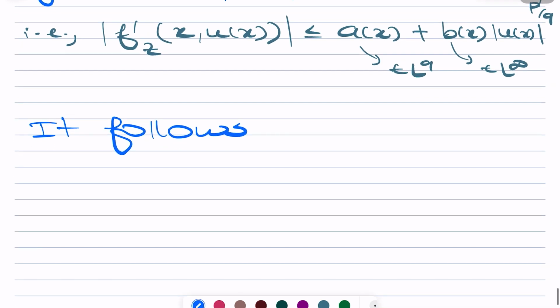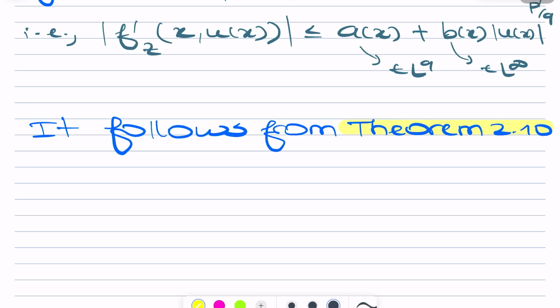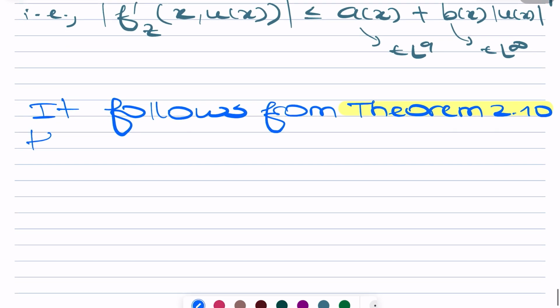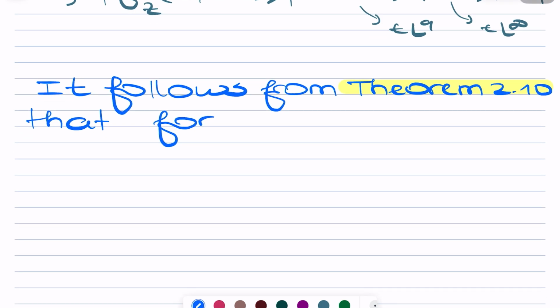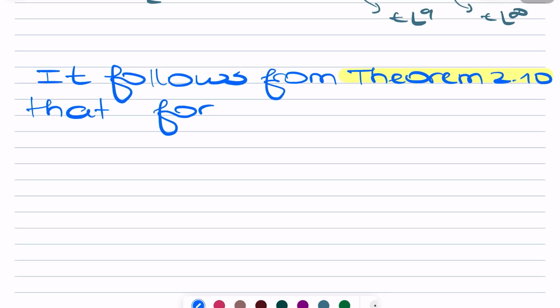Okay, so because f prime of z satisfies the growth condition and is a Caratheodory function, it follows from theorem 2.10, that we just proved. Now we choose a specific R, for which we can construct a very nice superposition operator.